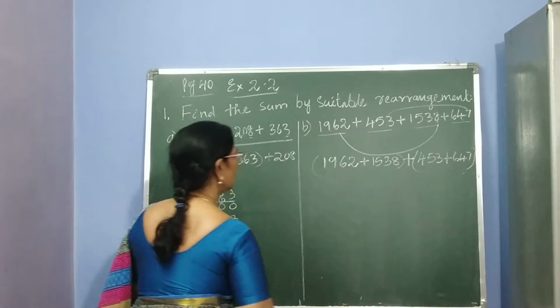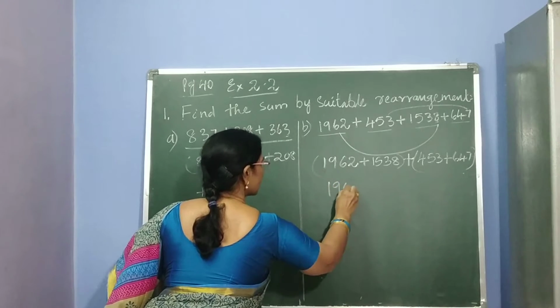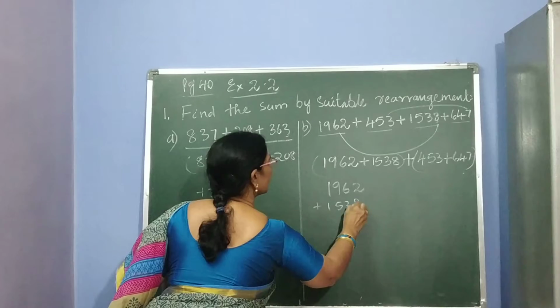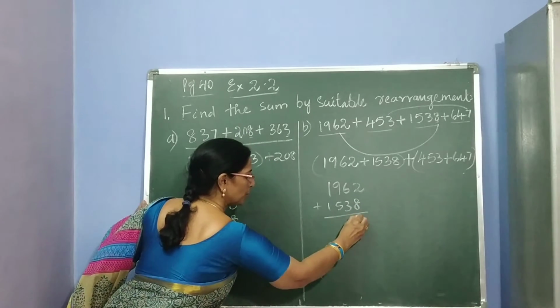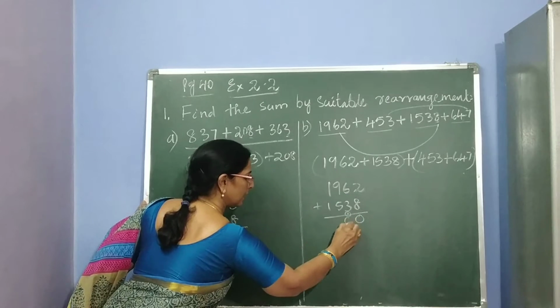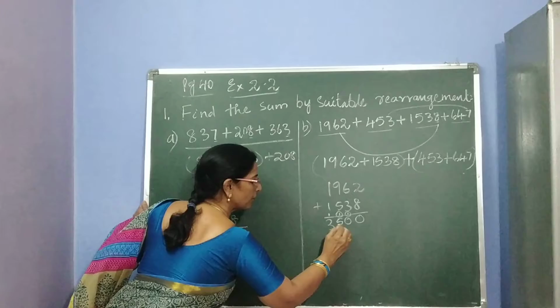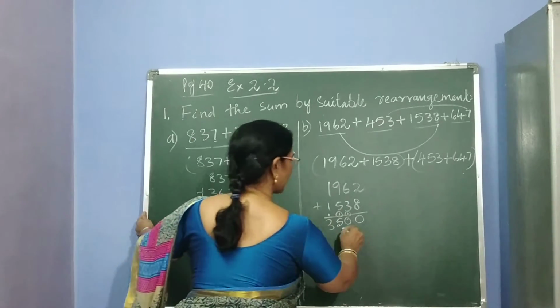Now let's add these numbers. 1962 plus 1538. Here 8 plus 2 is 10, here again 10, so the sum is 3500.